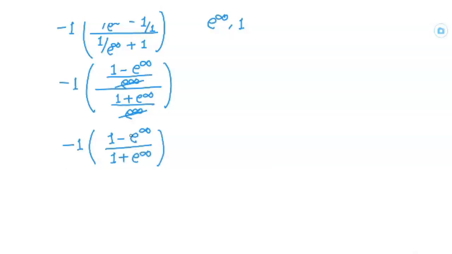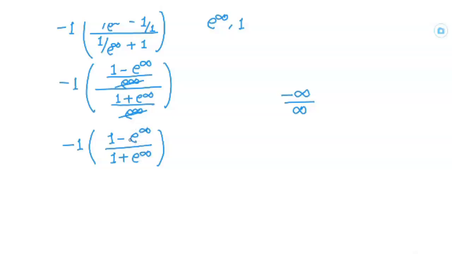See, in the numerator, e to the power infinity is infinity, and 1 minus infinity is minus infinity. In the denominator, 1 plus e to the power infinity is infinity. So infinity upon infinity. We'll see which infinity is greater, the numerator's or the denominator's, or whether both are equal.